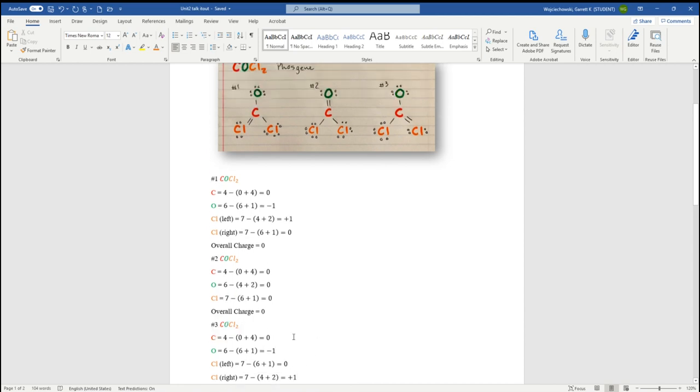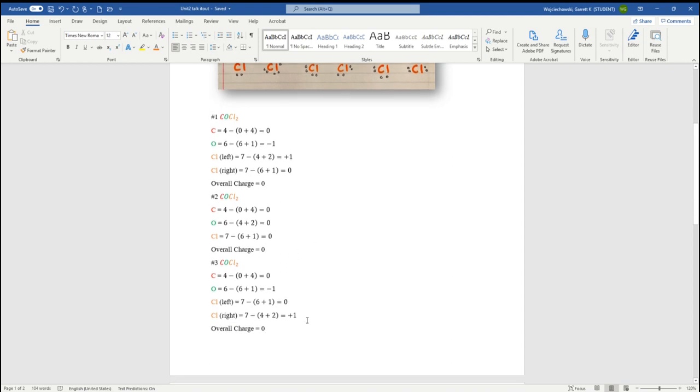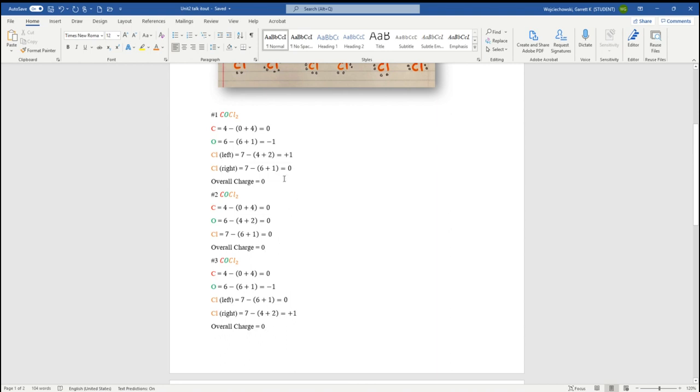So all these structures have a neutral charge of 0, but even though they are all neutrally charged, we can still determine which is the most stable structure. And how we do this is we look at how much work each structure has to do to become neutrally charged. And what I mean by work is these numbers right here, these individual charges. If the charge is not 0, that means that component is doing work.